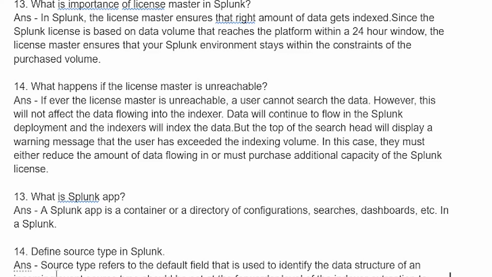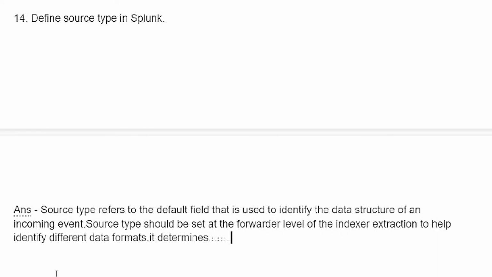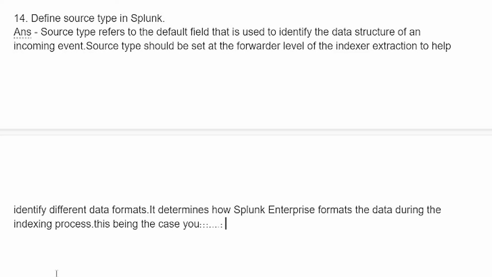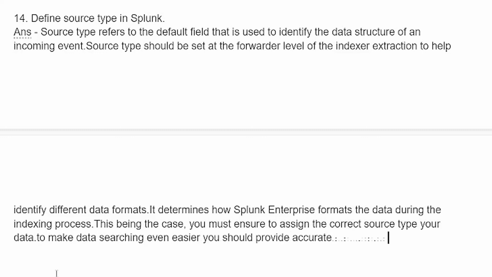It determines how Splunk Enterprise formats the data during the indexing process. This being the case, you must ensure to assign the correct source type to your data. To make data searching even easier, you should provide accurate timestamps and event breaks to the indexed data.